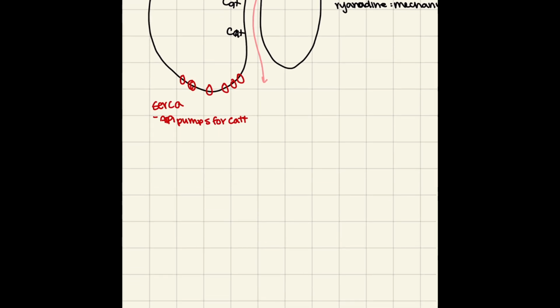Once that calcium leaves, though, we have binding to troponin, and I'm going to draw what we call the cross-bridge cycle. So myosin starts unbound with a phosphate and an ADP.